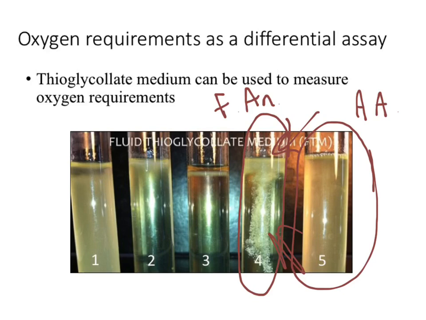So to go back to the gastrointestinal tract for a minute, we're going to find both of those commonly within the gastrointestinal tract. We'll find our foodborne pathogens are oftentimes facultative anaerobes.